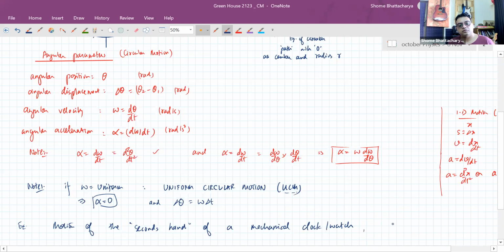It covers 2 pi radians, one full circle, every 60 seconds. Angular acceleration is zero.